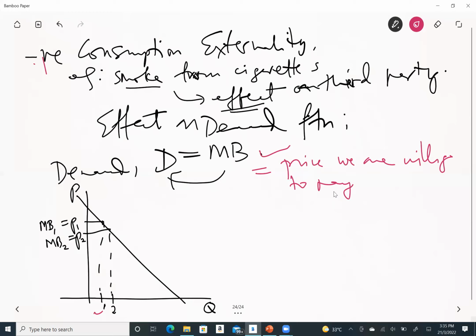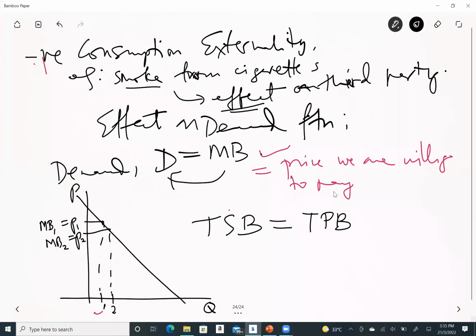Now, when you have the negative consumption externality, before we talk about the marginal, we talk about the total first. The total social benefit will be equal to the total personal benefit.